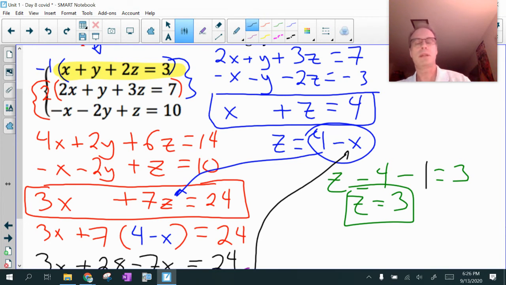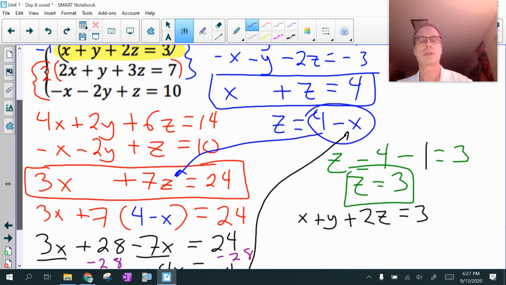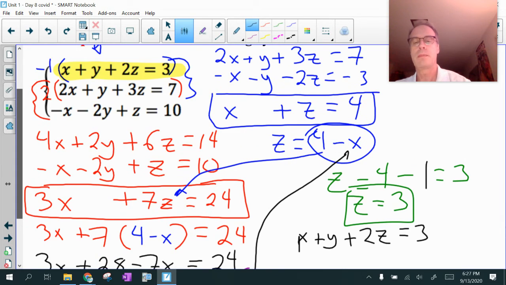So let's recopy it and say I'm looking at x plus y plus 2z equals 3. And now I'm just going to substitute values in. Instead of x, I'm going to write 1.